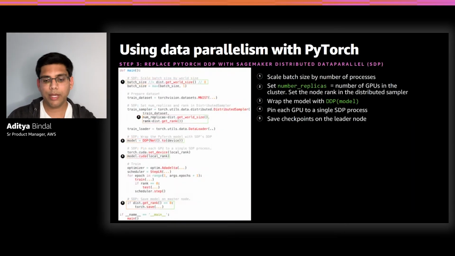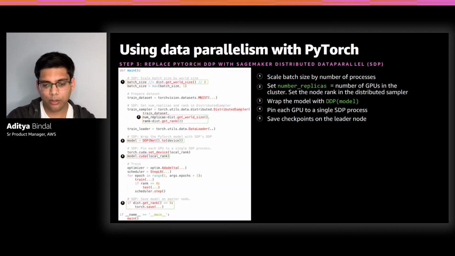Now let's go through the other code changes that you need to make. All of these are places where you would replace DDP with SageMaker data parallel. So in this example, we point out some of the areas where you were previously using DDP and now you would use SageMaker data parallel. First, we scale the batch size by the number of processes. Then we set the number of replicas to the number of workers, and we also set the node rank.